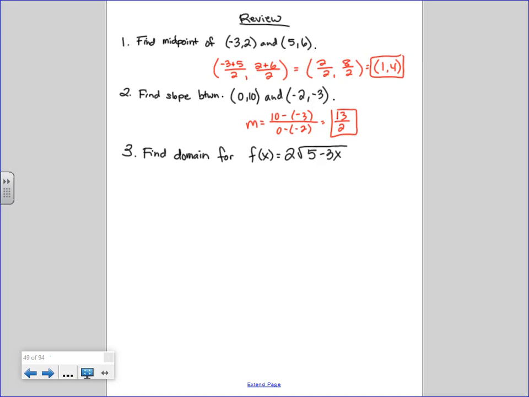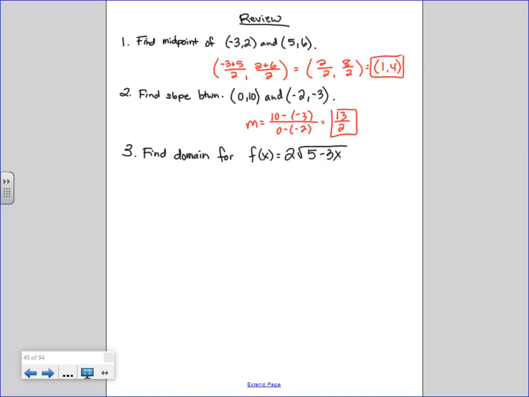Hold on, let me see, David. When you have it under a root, you set the inside greater than or equal to 0. So you do 5 minus 3x.